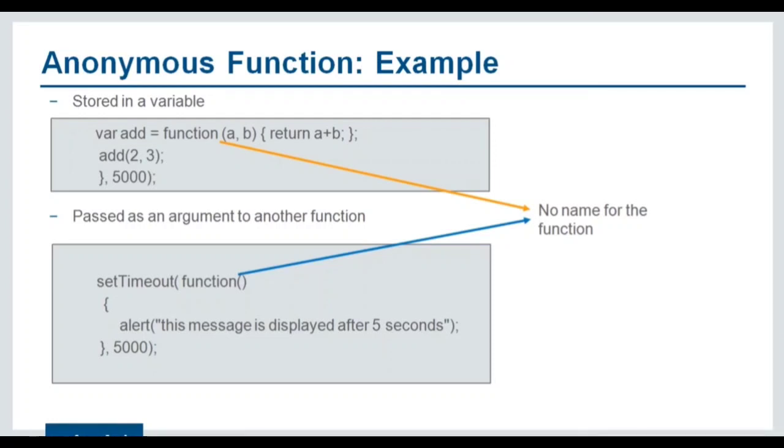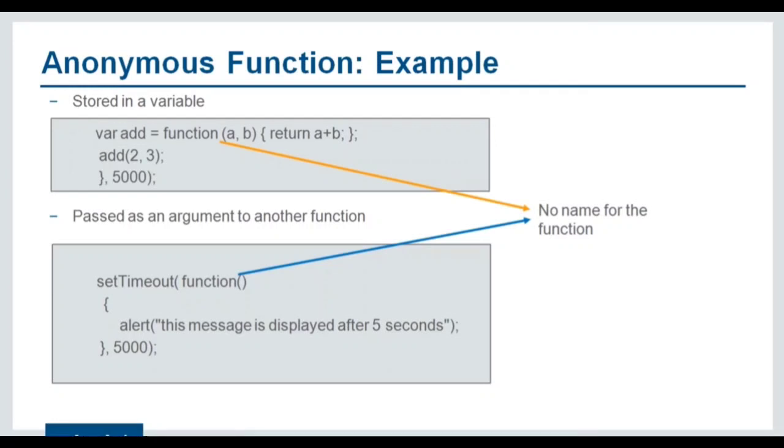What does this method do? This method takes two parameters. The first parameter is a function to be executed, and the second parameter is a number, the time to sleep in milliseconds.